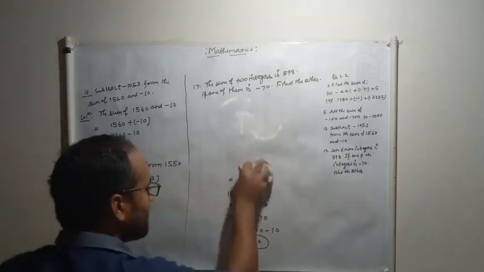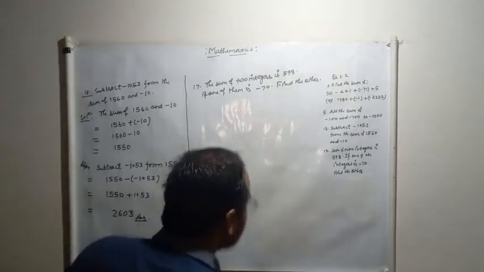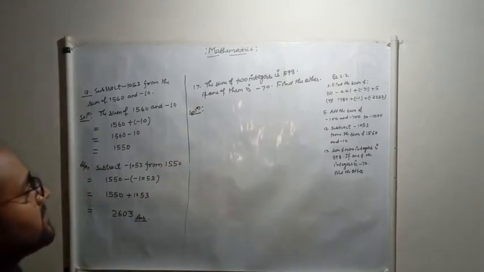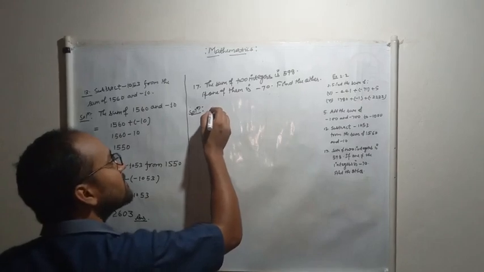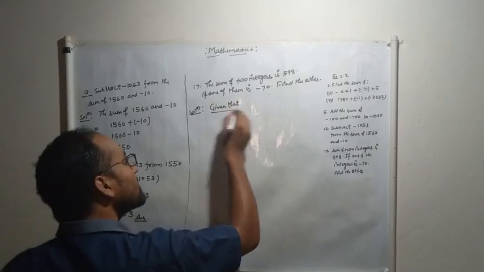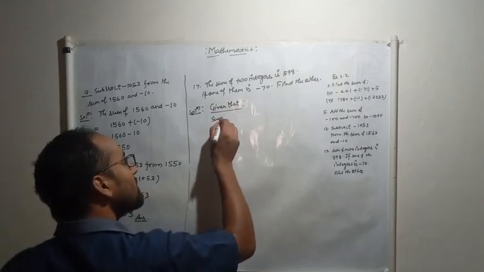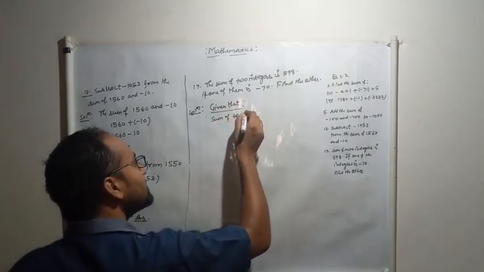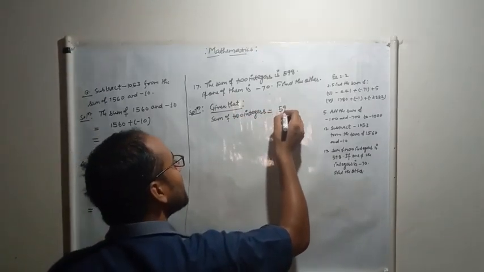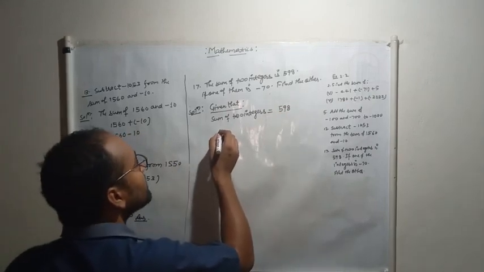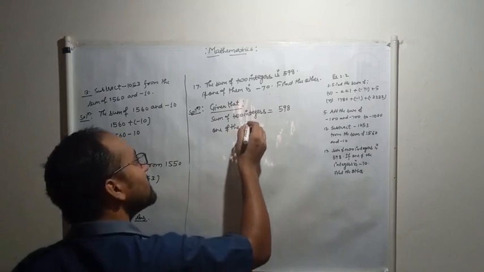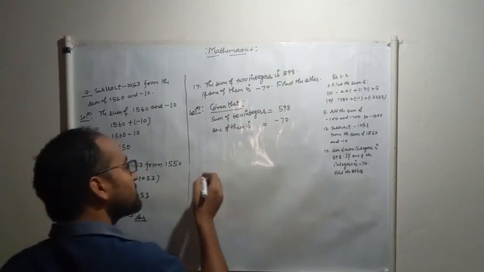So students, in your solution, according to the question, it is given that the sum of two integers is equal to 558, and one of them is minus 70. So it is very easy.